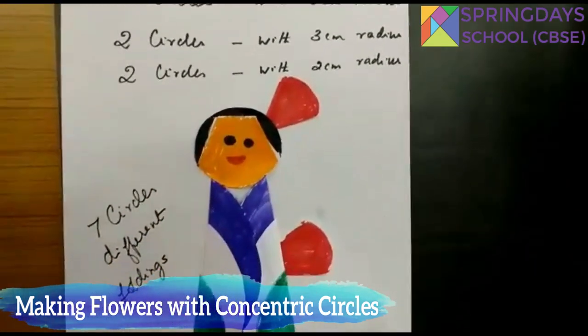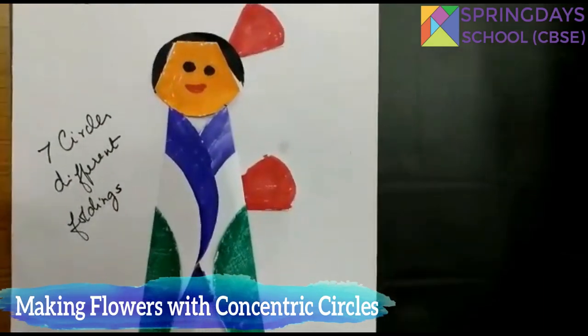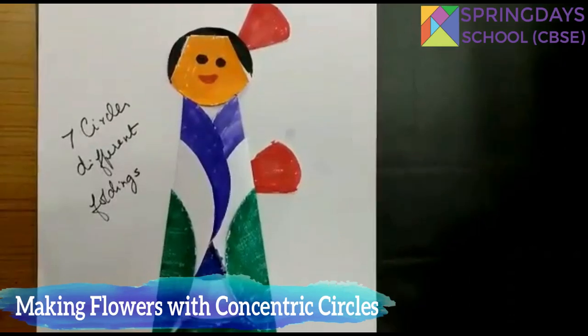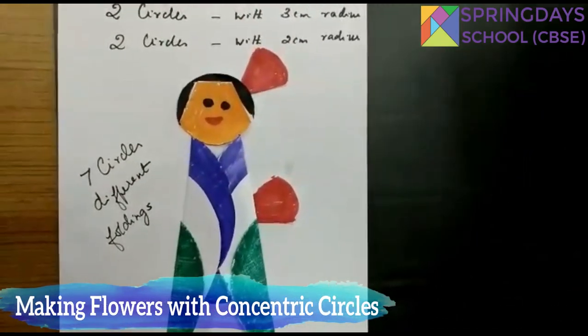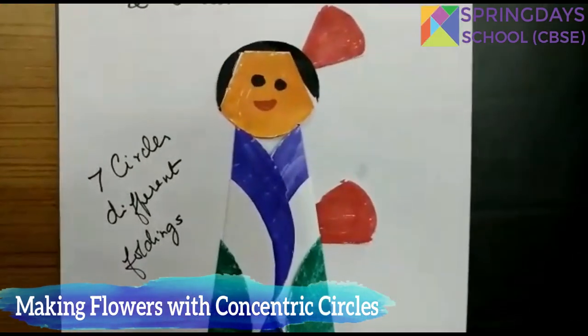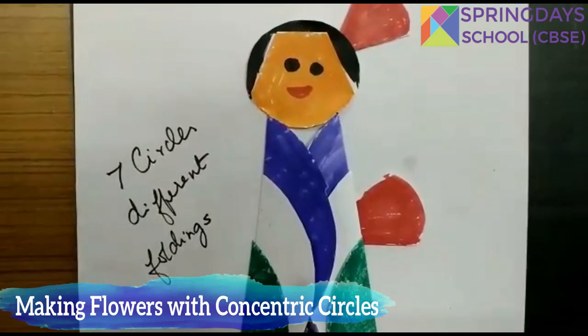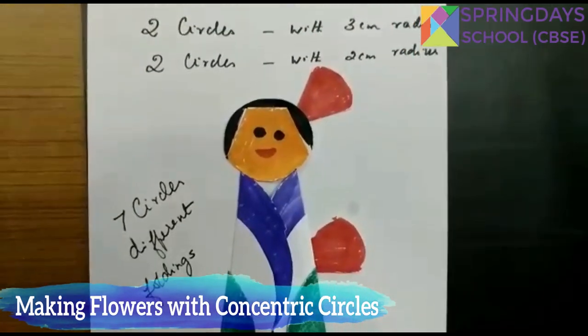Here the different types of foldings are used. Each folding will help you to change the shape. So circles can be changed into another shape by different type of foldings and you will be getting finally a Japanese doll like this. Like this we can prepare our own dolls. How to do this will be given to you in the next class.